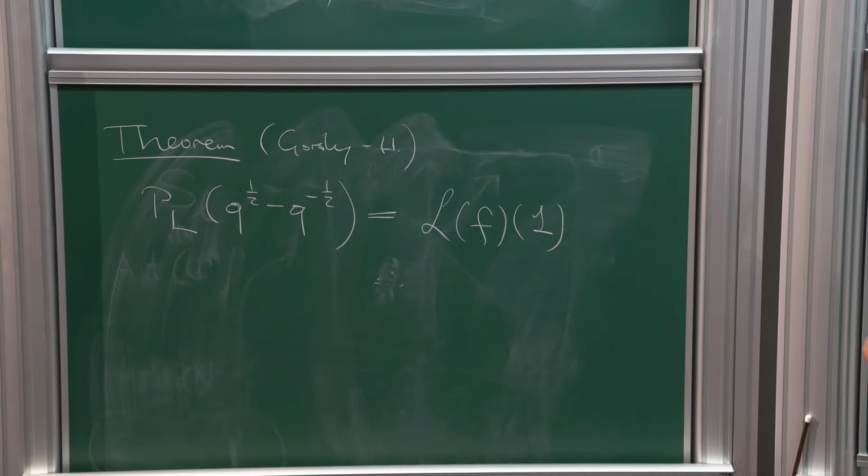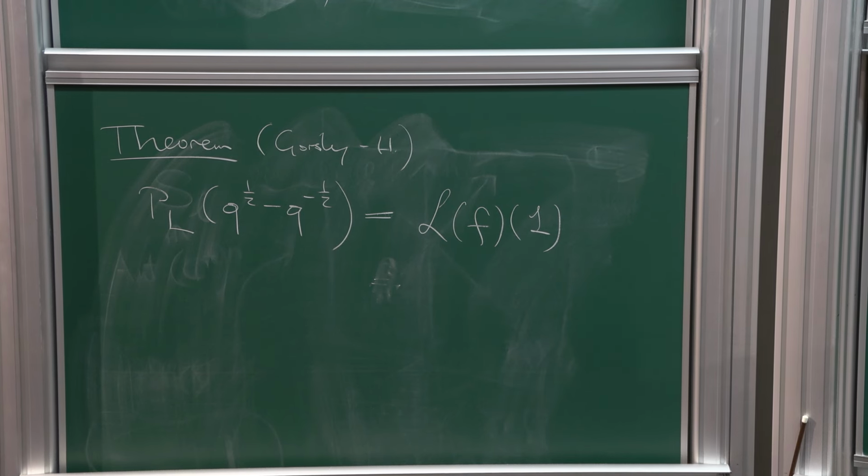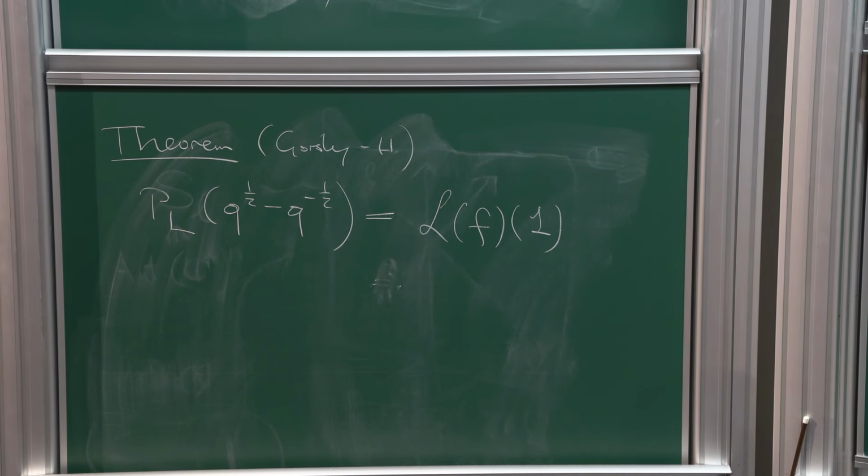There are several ways to define this augmentation category, also with microlocal sheaves, for instance, and this theorem tells you a priori that you can read off this knot polynomial from whatever definition you use.